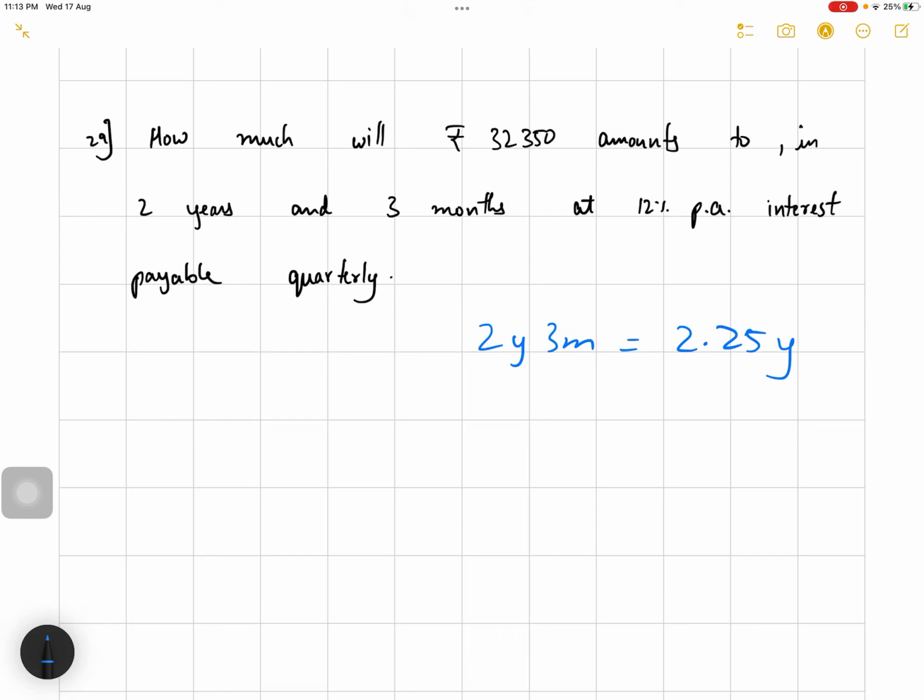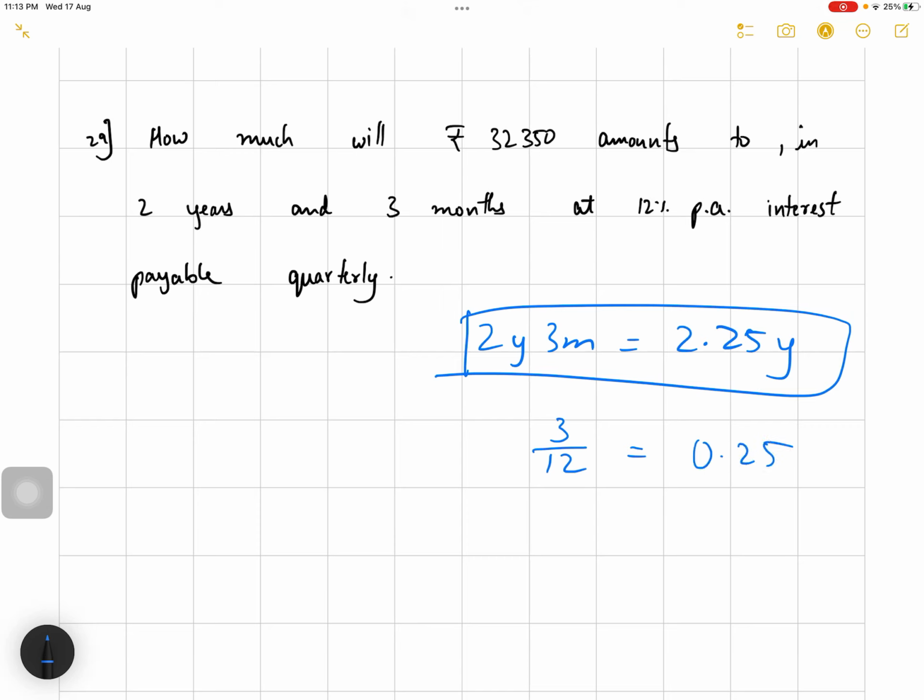Because 3 months means 1 quarter, that is 25% of a year. So 2 years 3 months I can write as 2.25 years. In 1 year there are 12 months, out of that 3 months, so just do 3 by 12 and you will get 0.25.